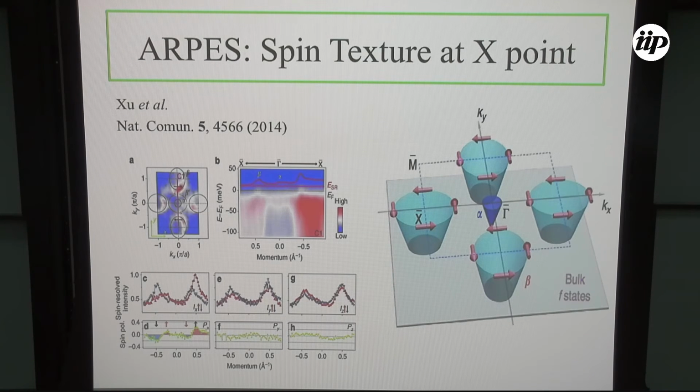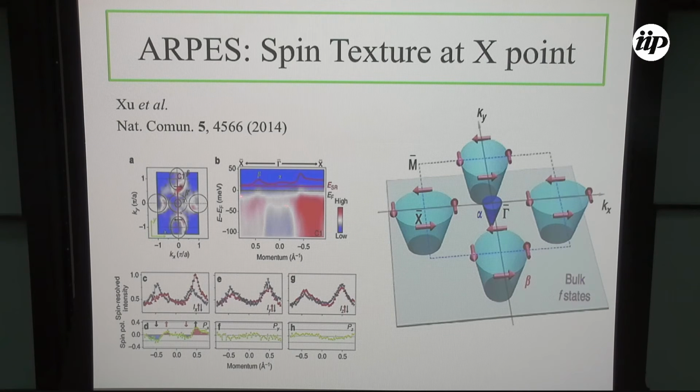There is some evidence for spin texture, but there's a problem with this data in the sense that you're doing ARPES, angle resolved photoemission, spin resolved, etc. So this is a sort of cartoon that you have these 3 Dirac points, and there seems to be some spin polarization.